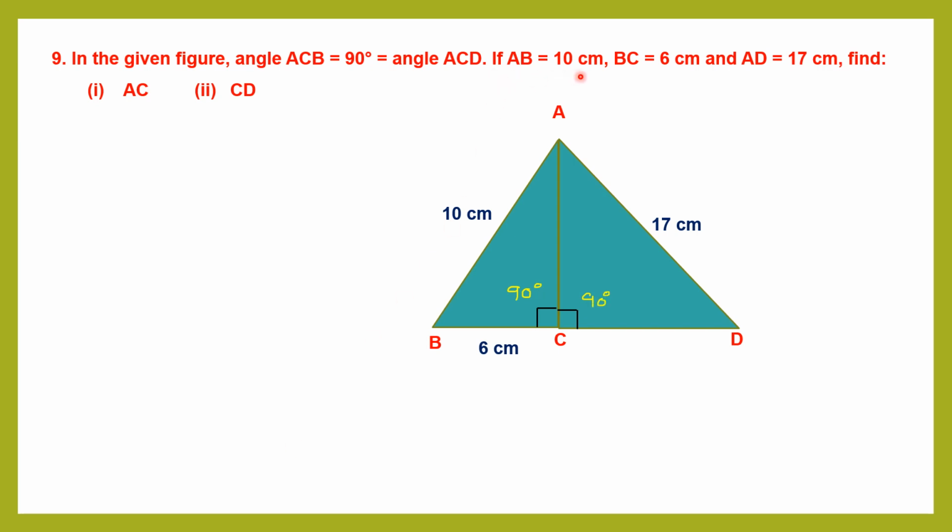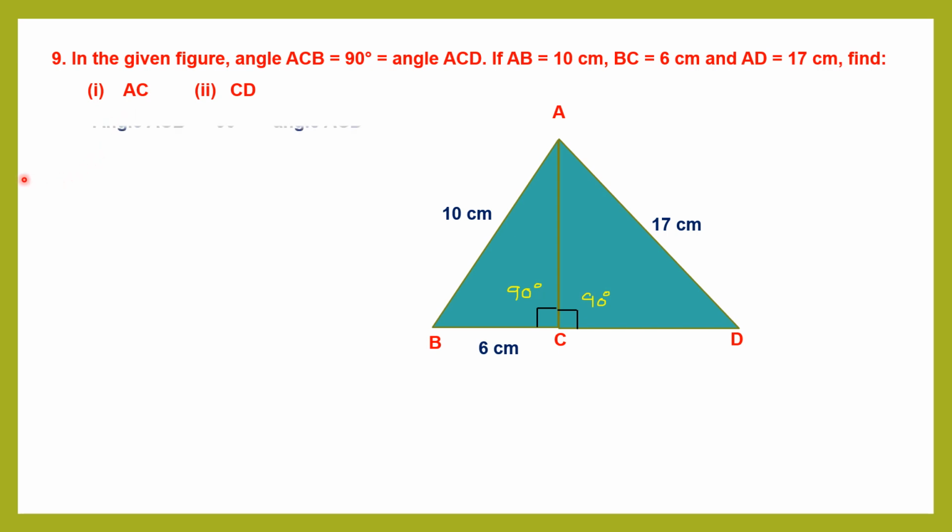Now, if AB is 10 centimeters, BC is 6 centimeters, and AD is 17 centimeters, we have to find the length of AC, which is here, and we have to find the length of CD. So first we have to find the length of AC.